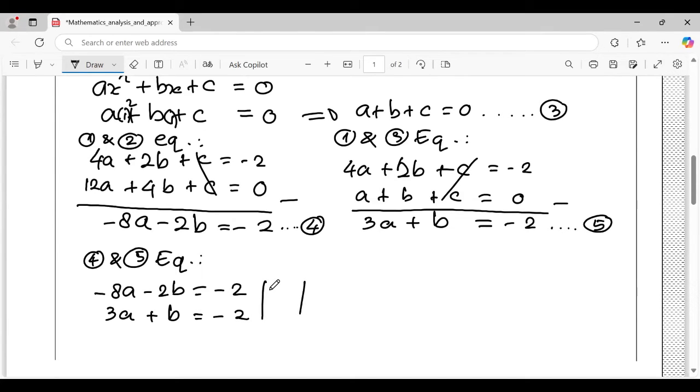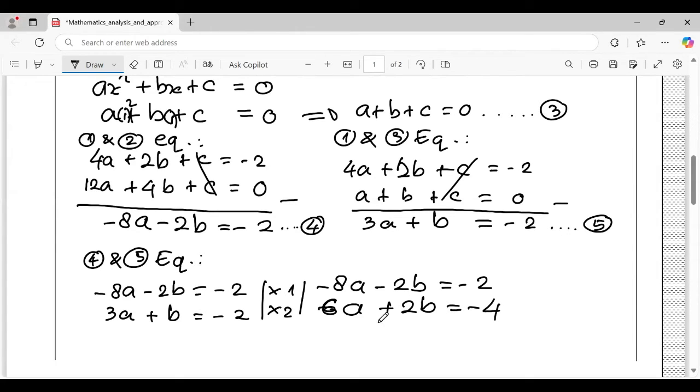Okay. This is times 1 and times 2. We are going to eliminate b. Becomes minus 8a minus 2b equals minus 2. Sorry, positive 6a, because 2 times 3a plus 2b equals minus 4.